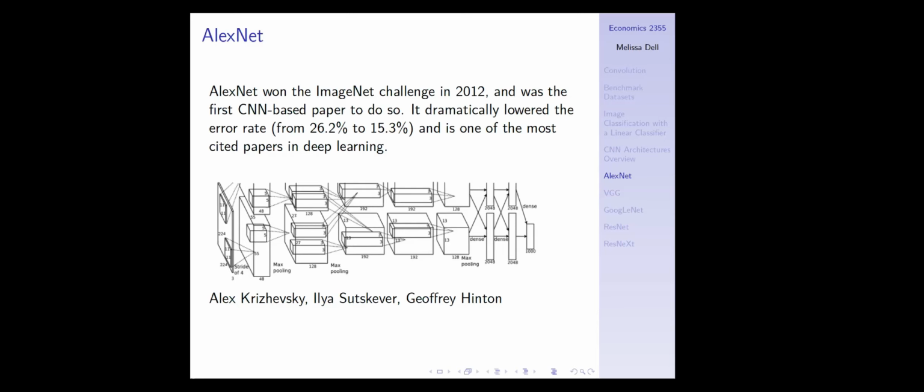They wrote this paper that set off a deep learning revolution, and I think is one of, if not the most cited paper in deep learning. Probably more cited than anything in economics already. So it was the first CNN-based paper to win the ImageNet competition, and it dramatically lowered the top 5 error rate from 26% to around 15%, which is a huge improvement in performance.